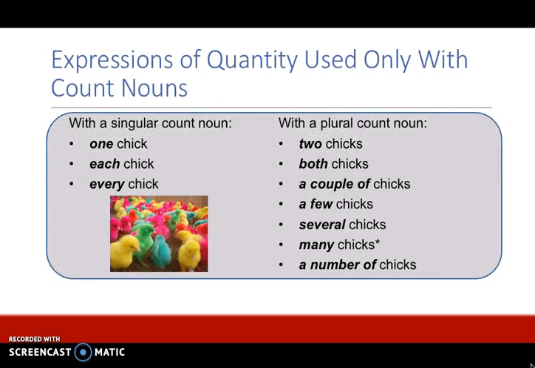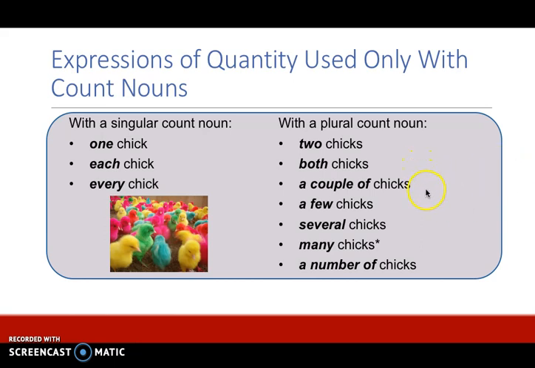Expressions of quantity that are used only with count nouns. With a singular count noun, we can use one, each, and every, like one chick, each chick, and every chick. With a plural count noun, we can use two chicks, that is a number, both chicks, a couple of chicks, a few chicks, several chicks, many chicks, and a number of chicks.